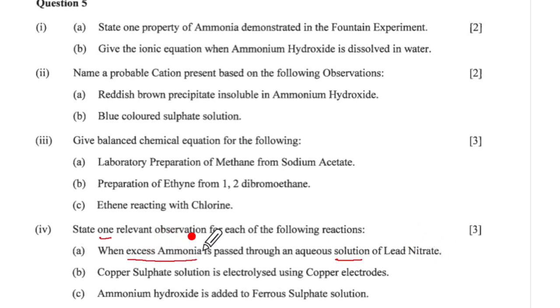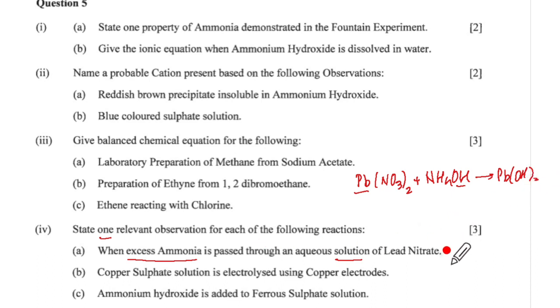Now if you do not know the observation properly, just write the reaction. You will automatically get to know the reaction if you study properly. You must know that Pb will take this OH and it will become Pb(OH)2.